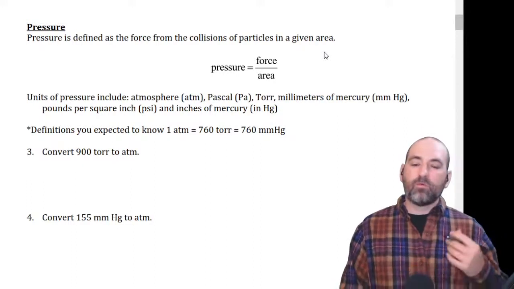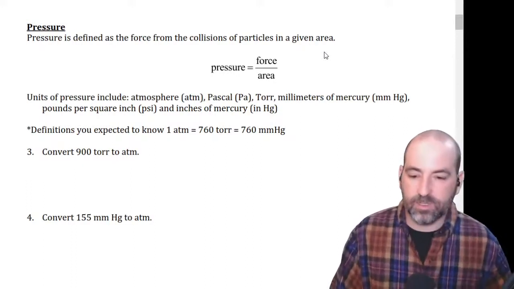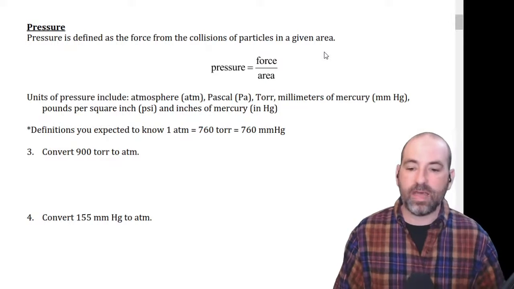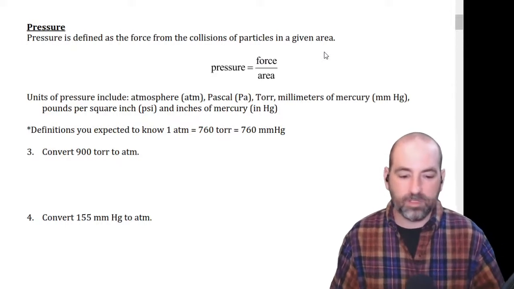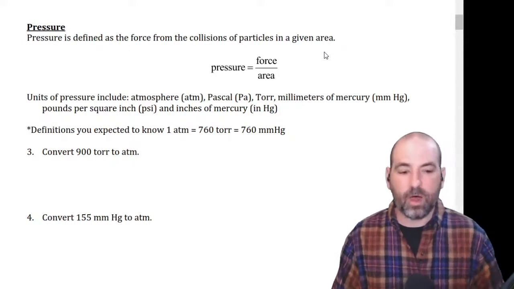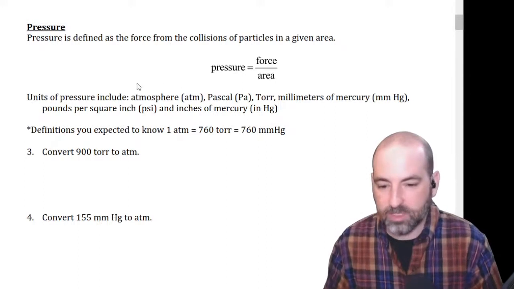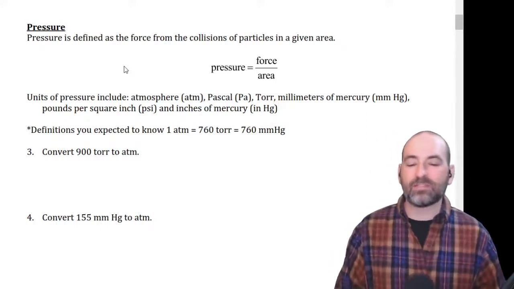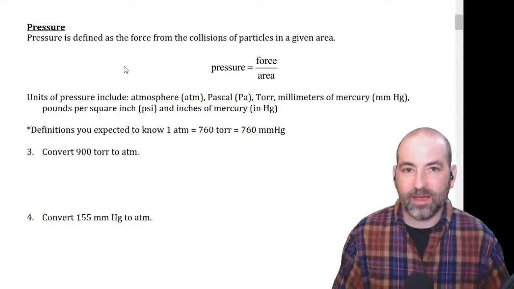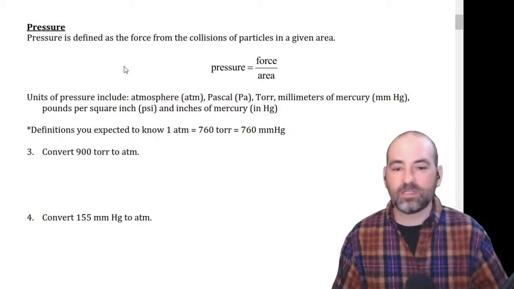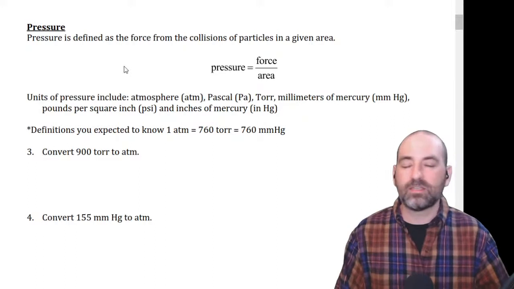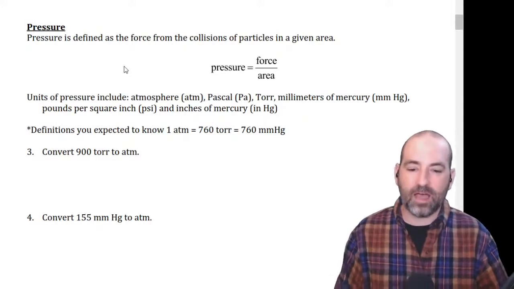So when it comes to gases, pressure is very important because that's of course caused by the collisions of the gas particles with the walls, and that's often how we measure quantities of gases or how we talk about quantities of gases. There's lots of different ways of measuring pressure because pressure is used in different situations in different countries in different ways, and different units have been developed over time to deal with that.